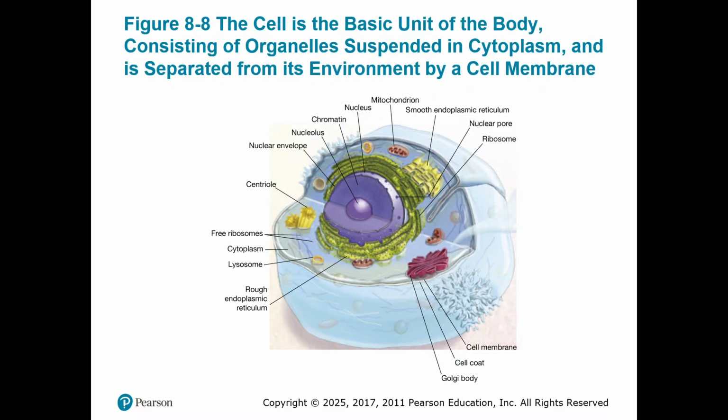So we have a cell coat, a cell membrane, we have a Golgi body, we have the rough endoplasmic reticulum right here. This is the smooth endoplasmic reticulum there. On top of those should be some tiny little ribosomes. There they are, right over here on the rough endoplasmic reticulum.